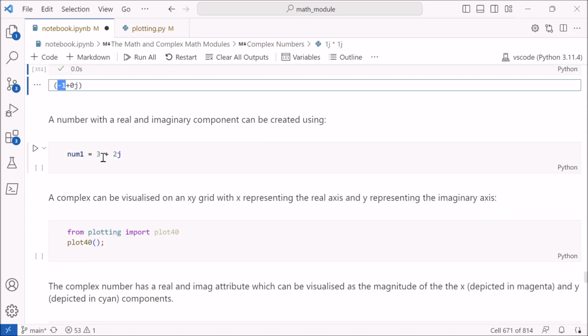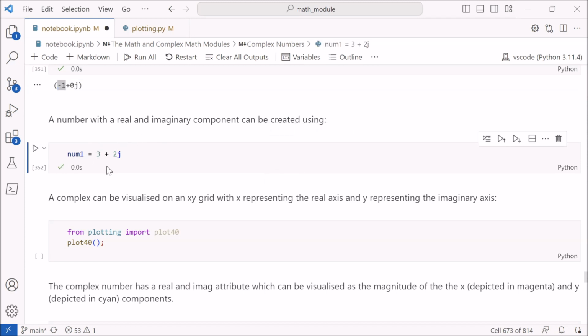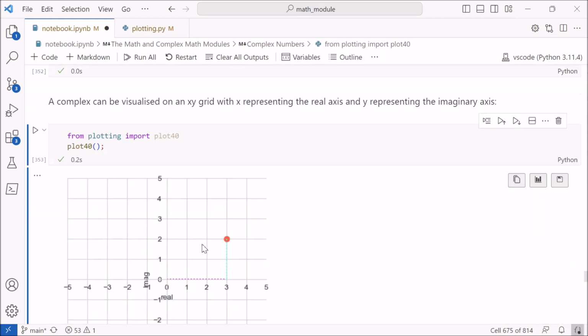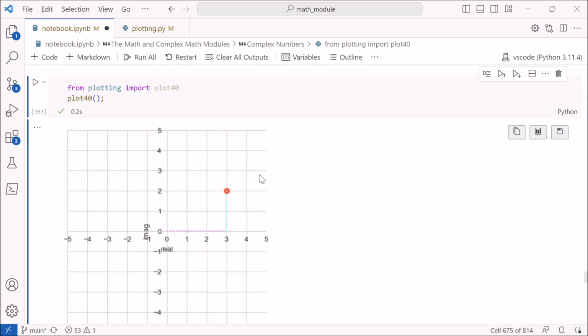So a number with a real and imaginary component can be created using the following. So in order to visualize this, use an XY grid with X representing the real axis and Y representing the imaginary axis. So basically you've got this number, any real number would just be lying along this real axis.